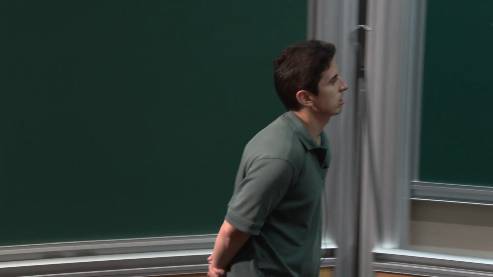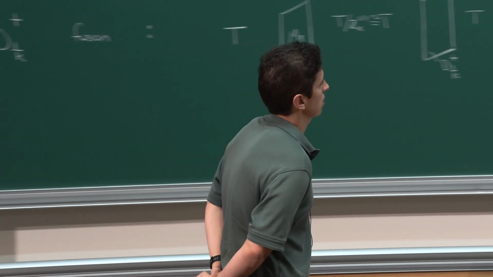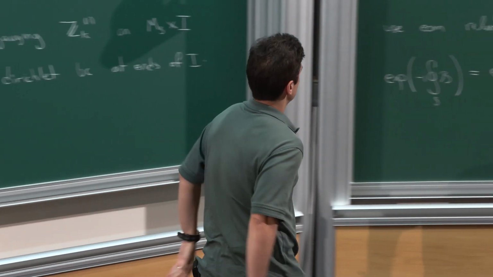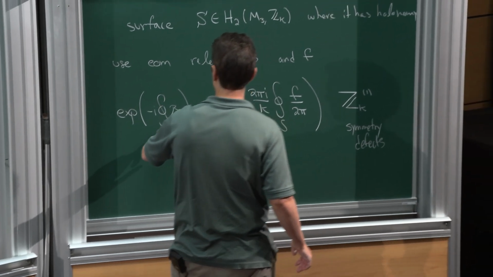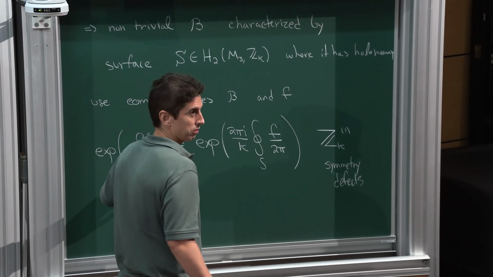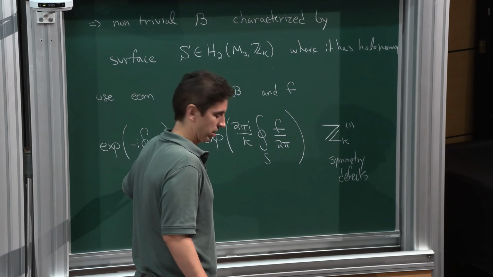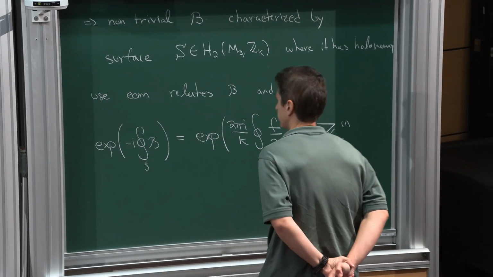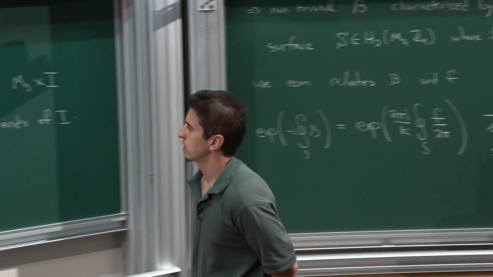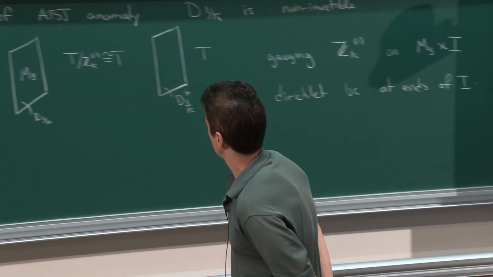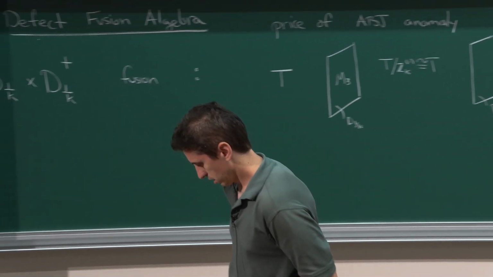Well, I think your question could have been asked before, right? You're asking not really about this equation. You're asking about this formula for the Wilson surface. Why is this not just trivial?